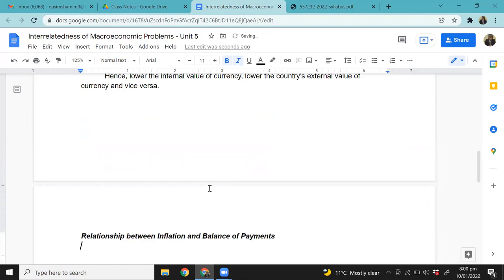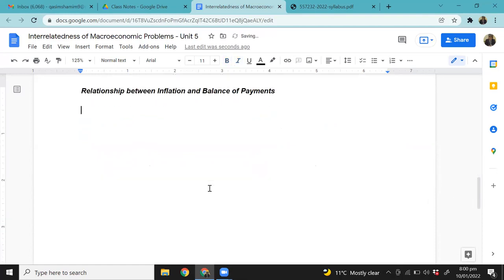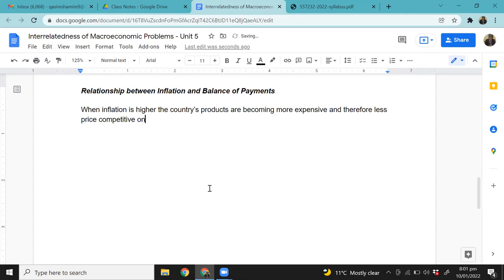The idea is, if inflation is higher, the country's products are becoming expensive and therefore less competitive on international markets.